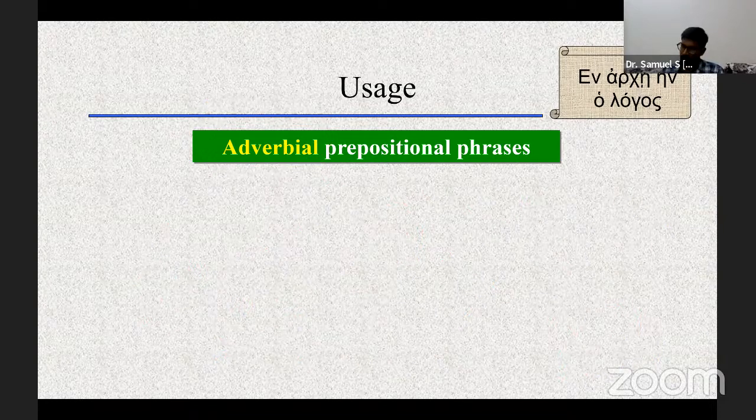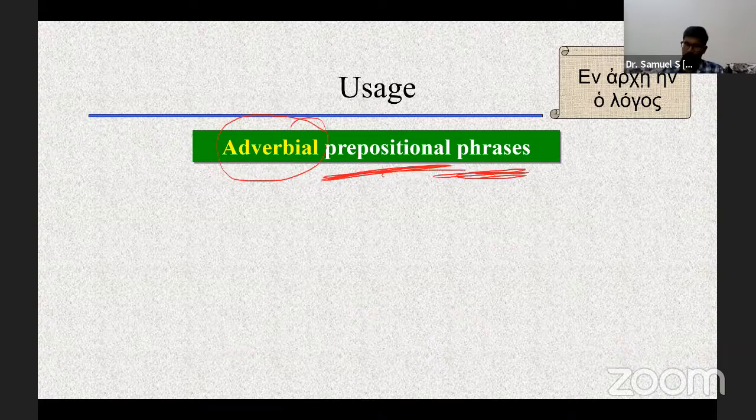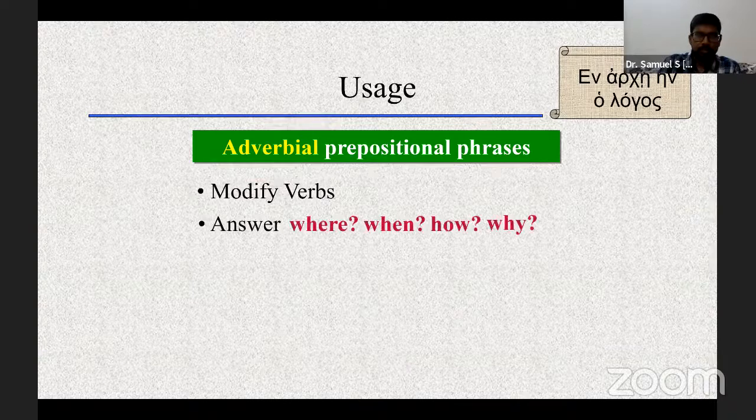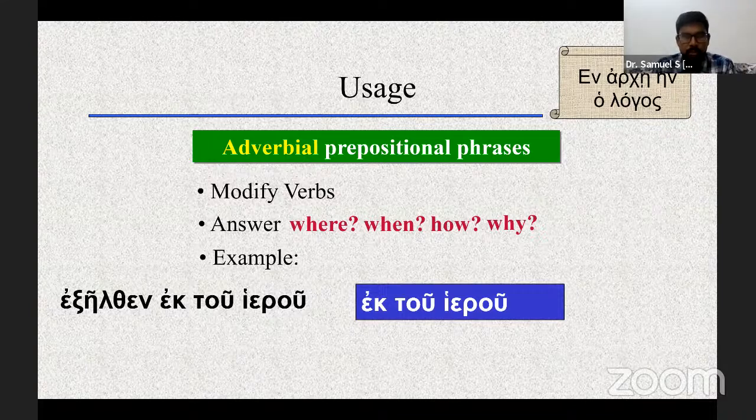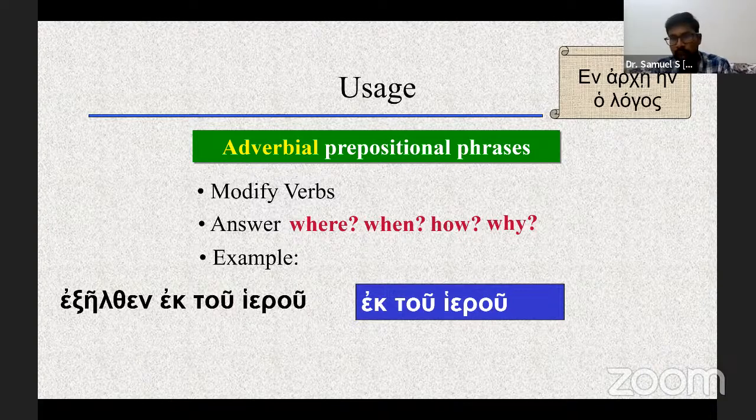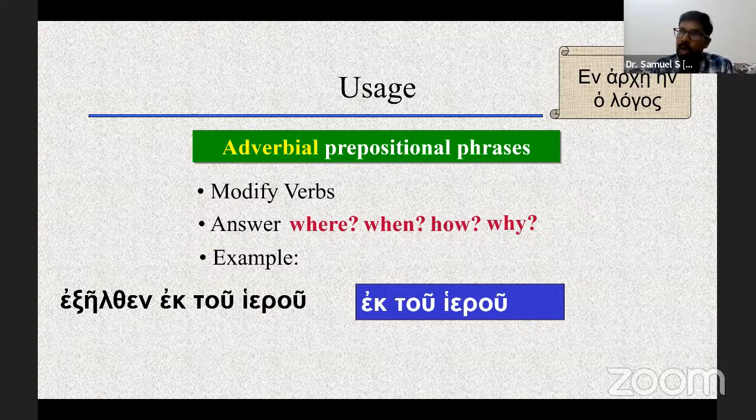And this adverbial idea can be communicated using prepositional phrases. So adverbs modify verbs. They usually answer the question where. Where is it happening? When is it happening? How is it happening? Why is it happening? Right? He runs fast. How is he running?